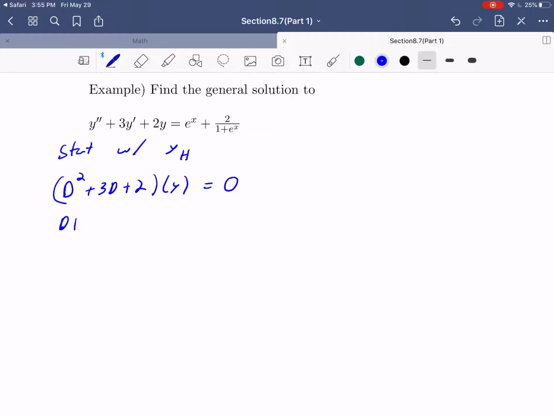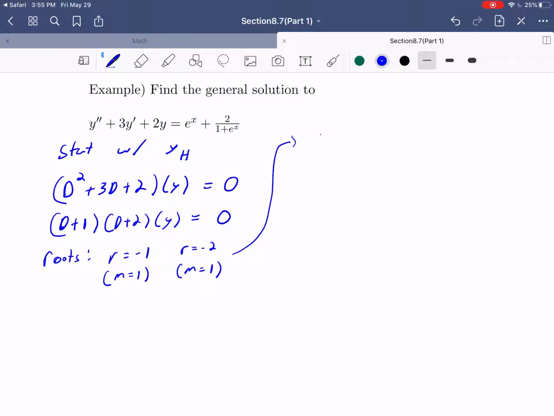So we can do a little factoring and we get d plus 1 and d plus 2 of y is supposed to be 0. And that means it looks like our roots here are going to be r equals negative 1 with multiplicity 1 and r equals negative 2 also with multiplicity 1. So that means our homogeneous are actually going to look like c1 e to the negative x plus c2 e to the negative 2x. So we've got our homogeneous.